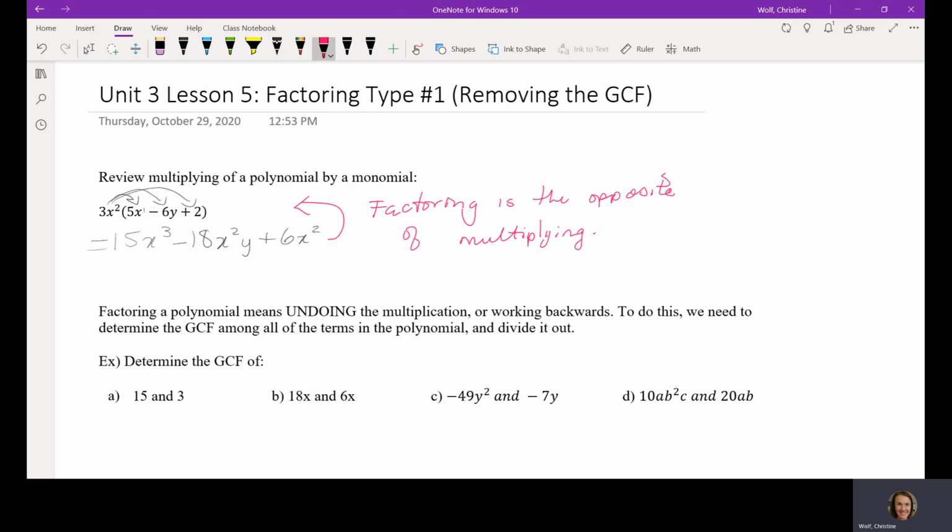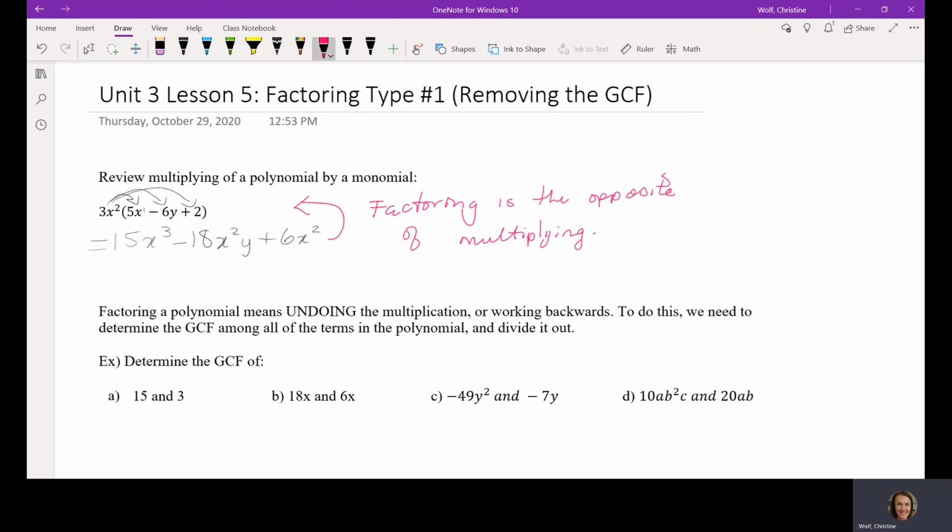So factoring a polynomial means undoing the multiplication, or opposing the multiplication, going backwards. To do this, we need to determine the greatest common factor among all of the terms and divide it out.